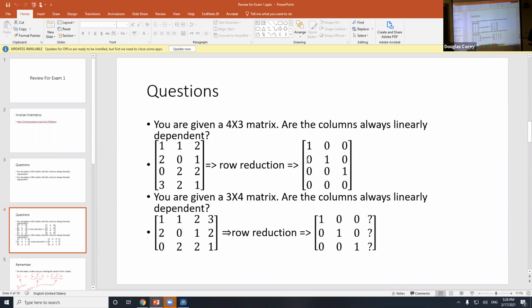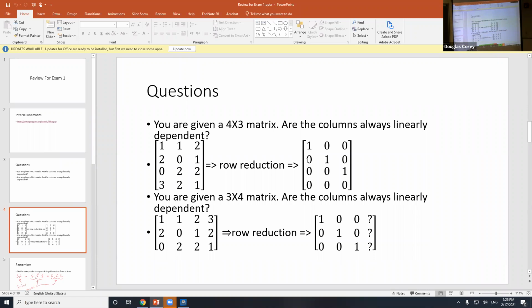Most of what we've done so far has been columns. So it'll be in the problem, or in the context. In real life, you'll use your context to understand which ones you care about, right? But if there's not a context on the exam, we'll tell you whether the columns or the rows.